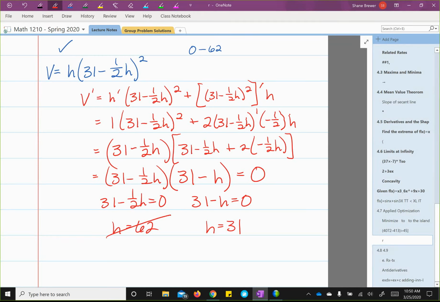So if your height is 62, then that means your length and your width are both 0. And so you got this weird one-dimensional suitcase. Doesn't really work. So we throw that one out, but what we learn here is 31 is the answer. So we need to make our suitcase have a height of 31, and then that will help us maximize the volume.